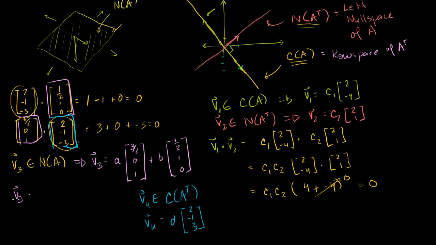So what is V3, which is just any member of my null space, dotted with V4, which is any member of my row space? So what is this going to be equal to?